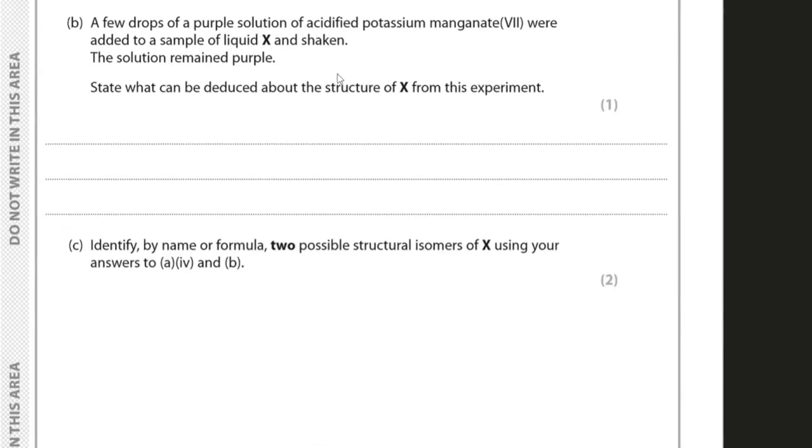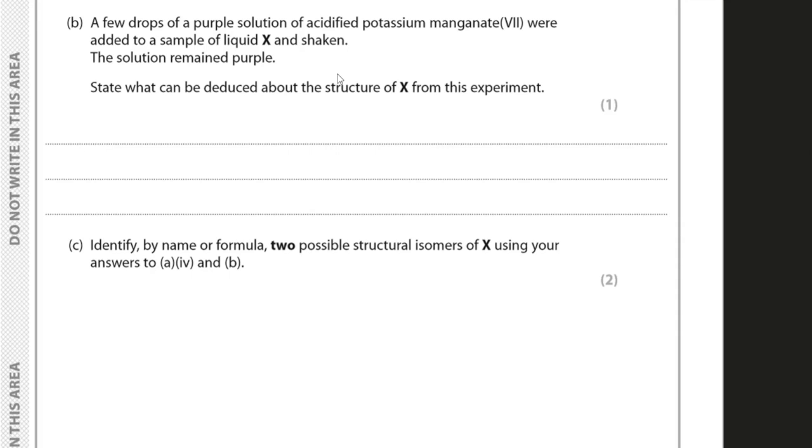Moving on, a few drops of a purple solution of acidified manganate 7 were added to a sample of liquid X and shaken. The solution remained purple. State what can be deduced about the structure of X from this experiment. Now, acidified potassium manganate 7 is basically used as a reagent in the test of unsaturation.